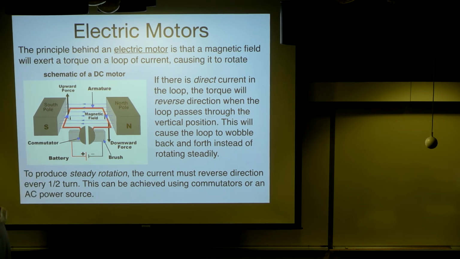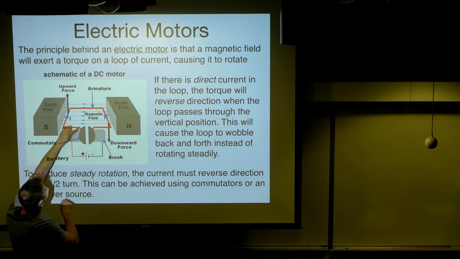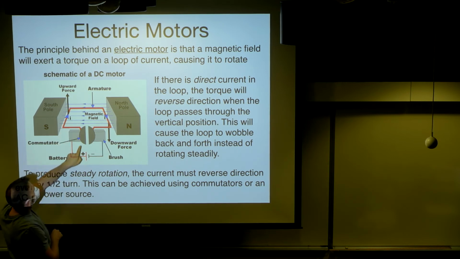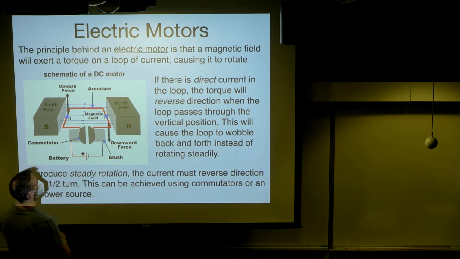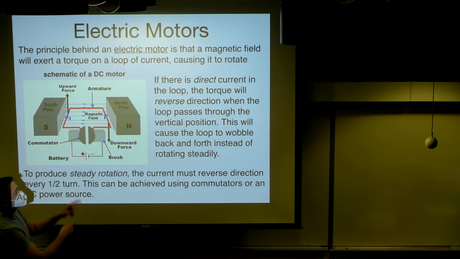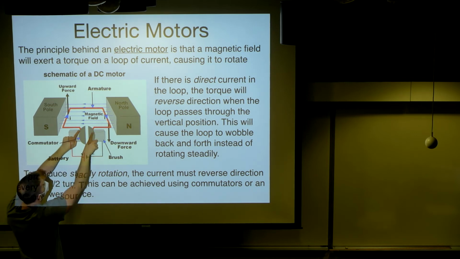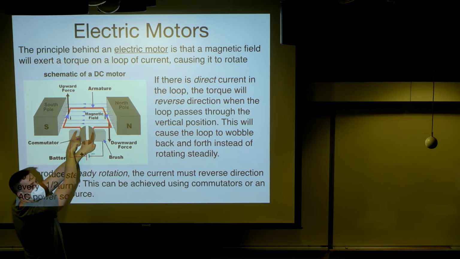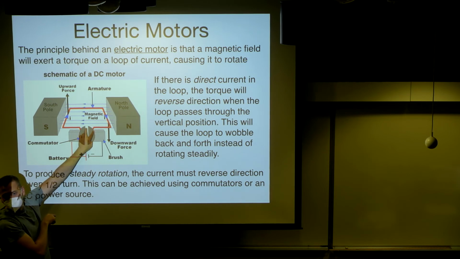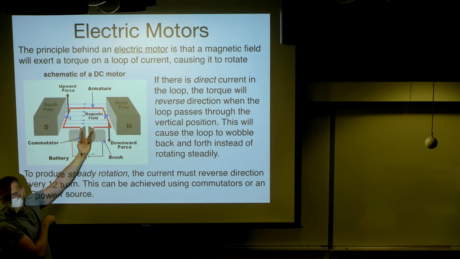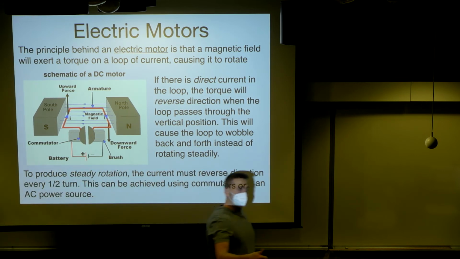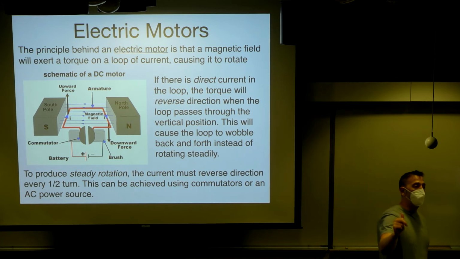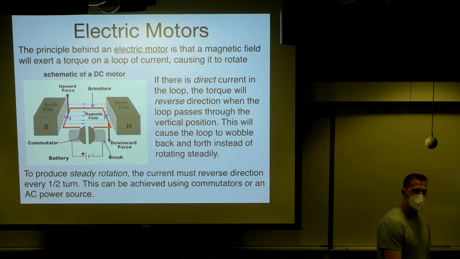So basically, if you follow along, this part of our coil is connected to the battery right here, and this part of our coil is connected to the battery right here. But when it makes a turn, now we're going to be connected to the opposite ends of the battery. So we're sort of flipping our positive, negative connections every half turn with the use of this commutator. And that allows the current to flip, which is exactly what we need for steady torque.